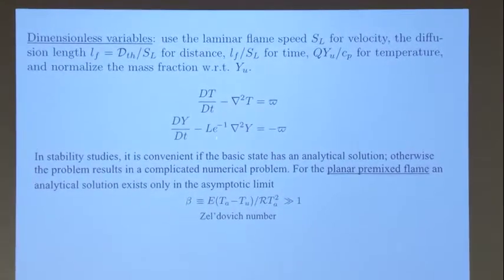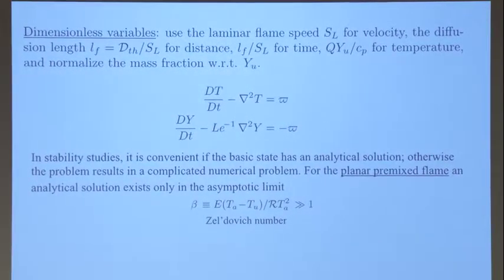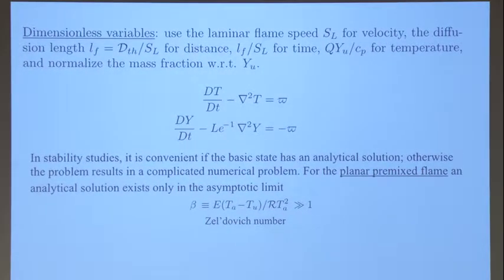The important thing I want to emphasize here is that there is only one parameter left in the problem, well, two maybe, but one, which is the Lewis number. I said two because there's a Zeldovich number, but that is typically large, and we are going to use the fact that it's large, so it's out of the parameters that dictate stability. So there is only one parameter.